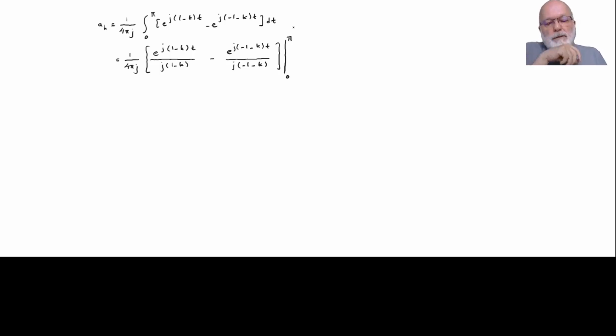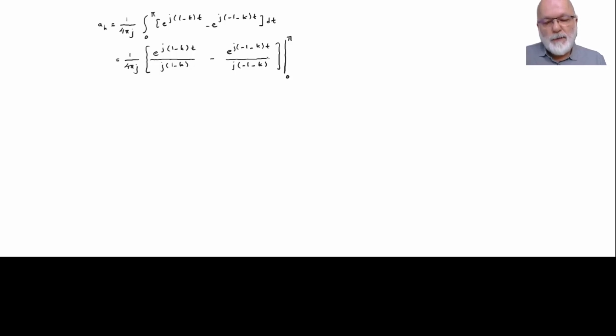Now here we should mention an important detail. As you see, k may take any value from minus infinity to plus infinity. But when k is equal to plus 1 or minus 1, we have a division by zero problem.